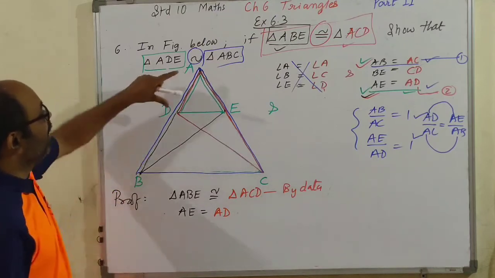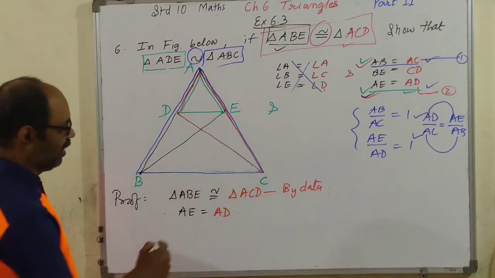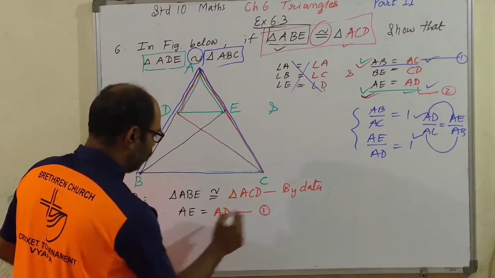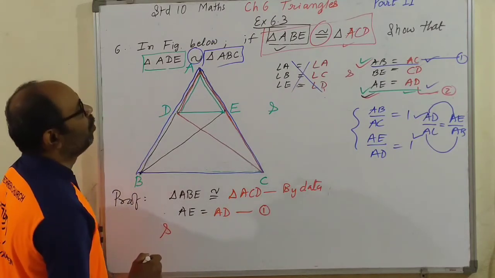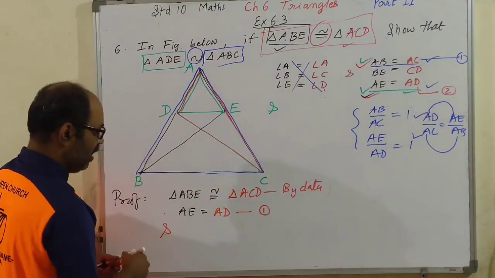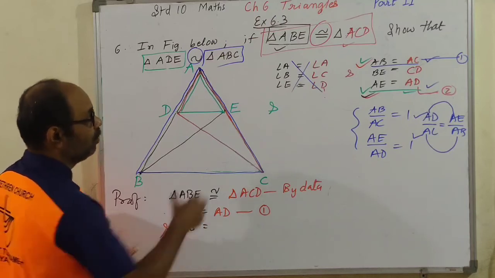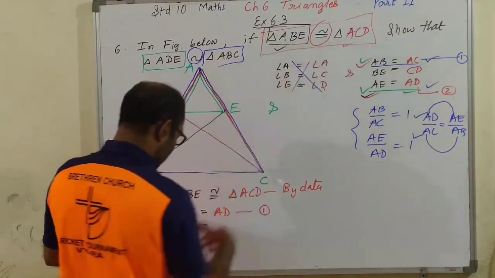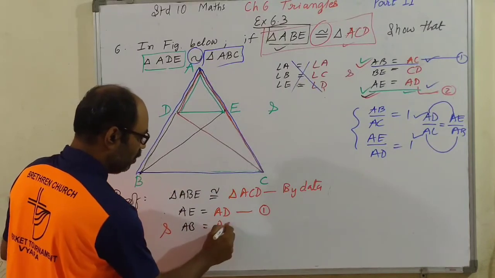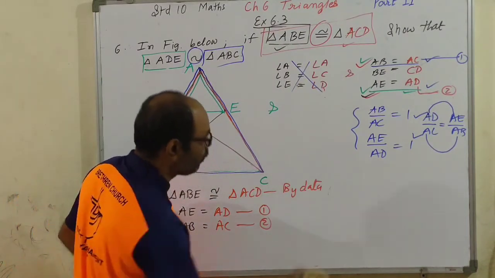Correct? AE and AD both are the parts of the green triangle only. Correct? Let's call this result 1. And say AB is equal to AC, result 2.